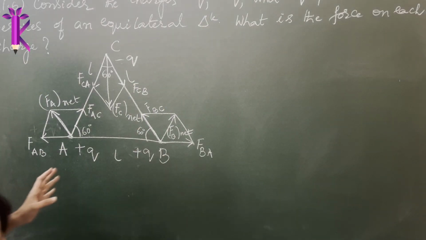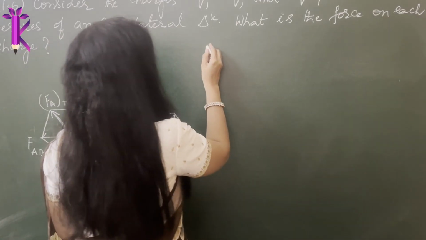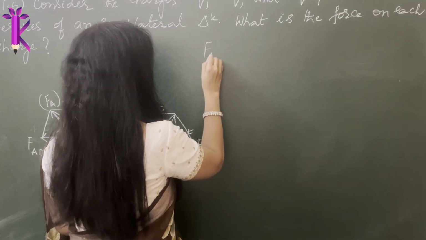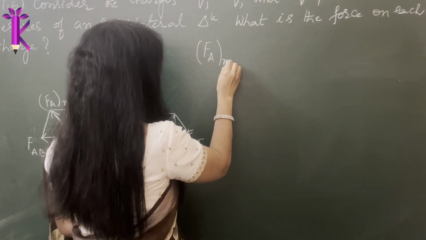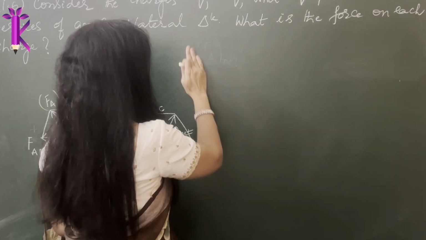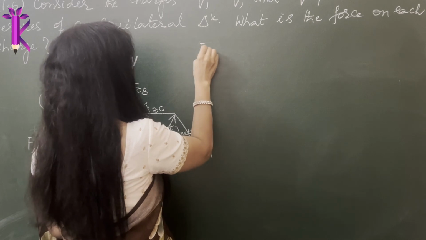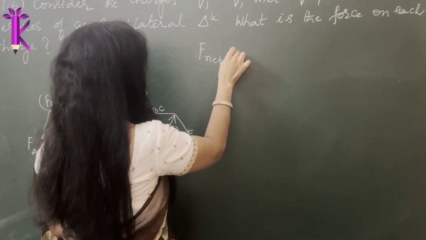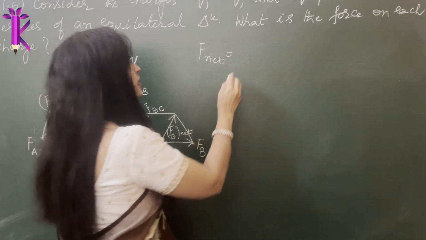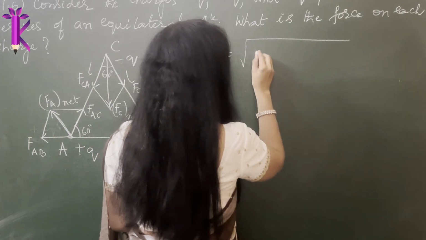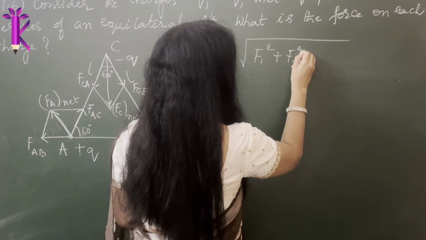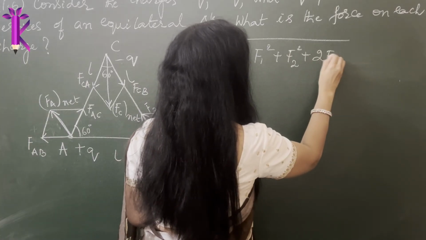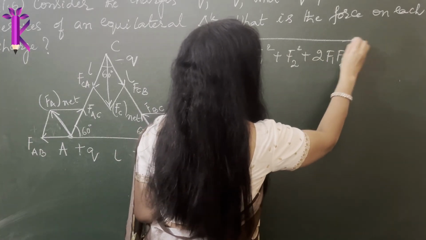What is the formula to find the resultant force? So first of all, the force experienced by the charge A net is equal to, I will write the general formula first. The general formula is: net resultant force using the parallelogram law of vector addition is given by square root of F1 square plus F2 square plus 2 F1 F2 cos theta.